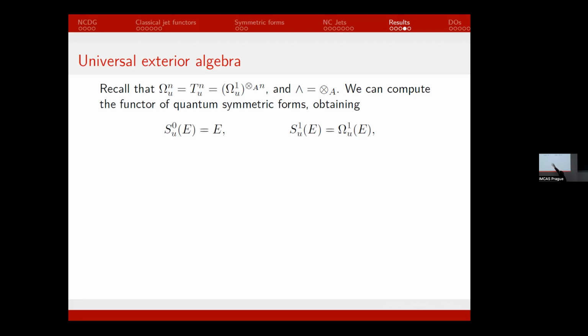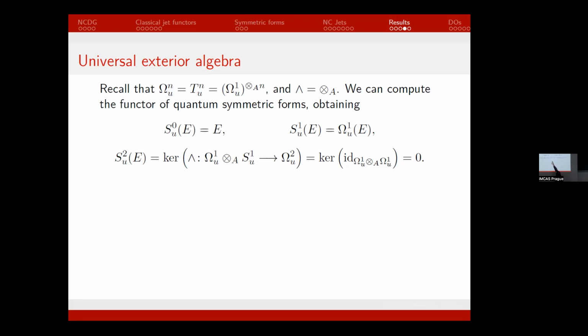The degrees 0 and 1 are given by definition. And as we said, the 0th degree of E is E itself, and the first degree of S1 is omega 1 of E. Now for the second degree, it's exactly the kernel of the wedge, this by definition in degree 1.